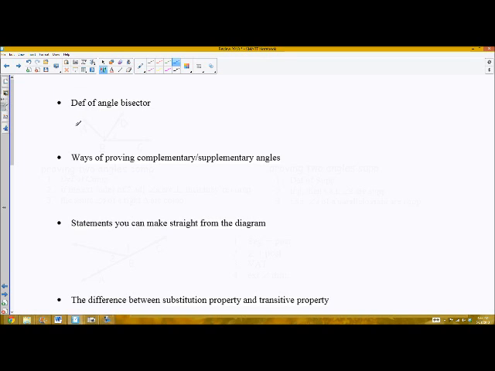Okay. Just like we have a definition of midpoint and a segment bisector, we have angle bisectors. So the angle bisector given this diagram, we can define that as follows. Let's say BD, the ray BD, bisects angle ABC, if and only if, which is again a double implication, the two angles that it's splitting it into are congruent to each other.